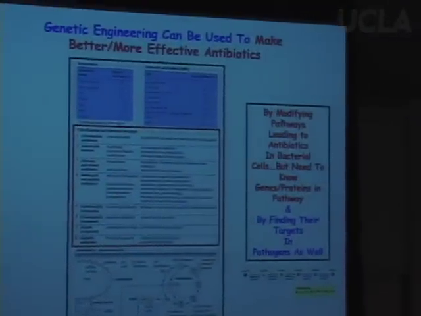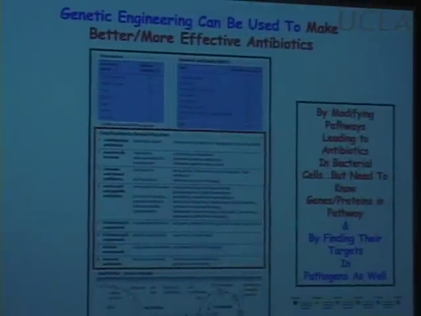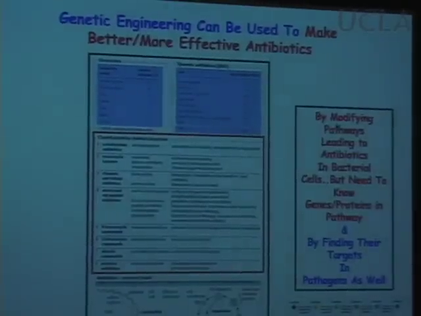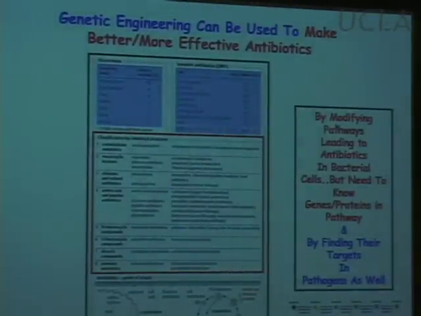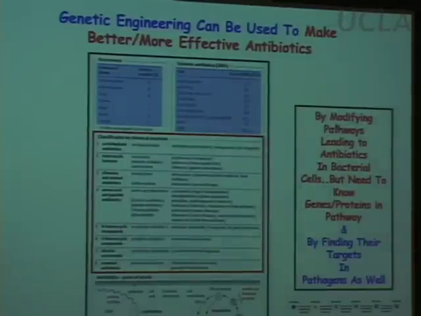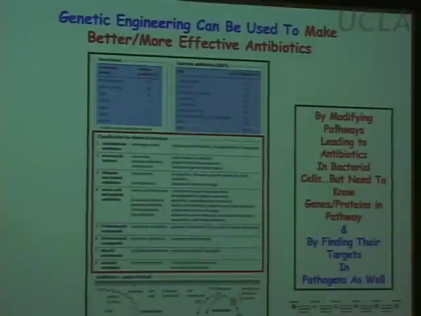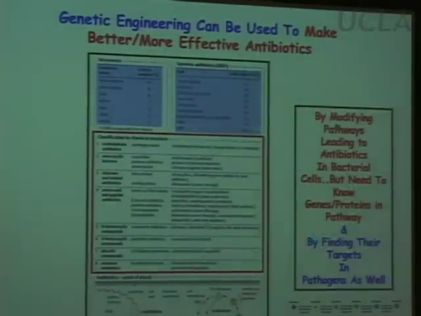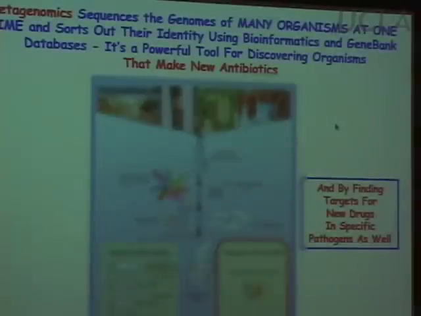And so again, how do you know this? How do you know this pathway or that pathway? Sequencing the bacterial genome, understanding what the genes do, understanding what the genes are in this pathway and what the proteins are, and then being able to think about ways to engineer a new pathway. Or alternatively, how do you find new creatures that might make new antibiotics?